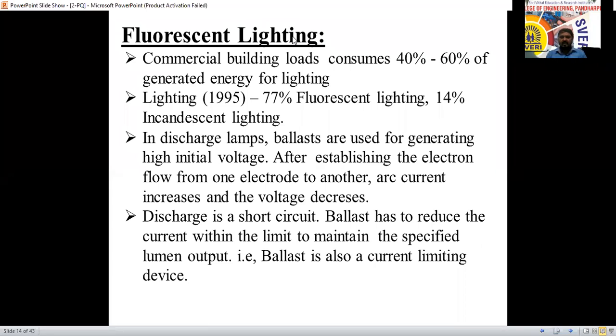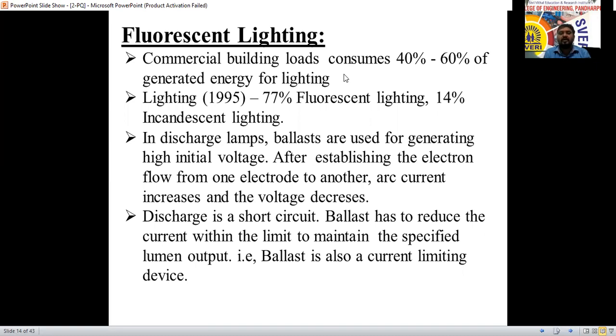By considering the previous method, some 2-3 years back while writing the textbook, they considered that the commercial buildings' loads consume 40 to 60% of generated energy for lighting only. Out of 100% generation, 40 to 60% we are going to give to the commercial buildings.